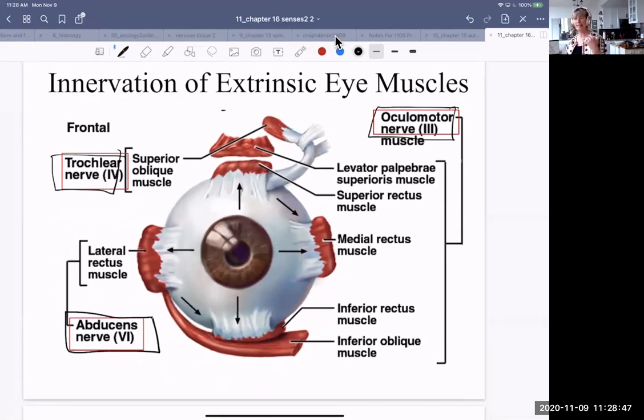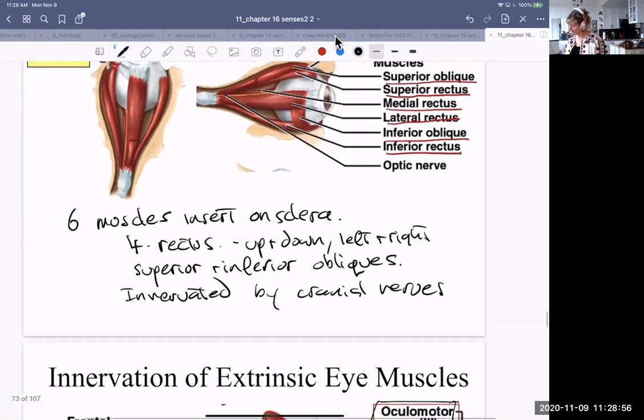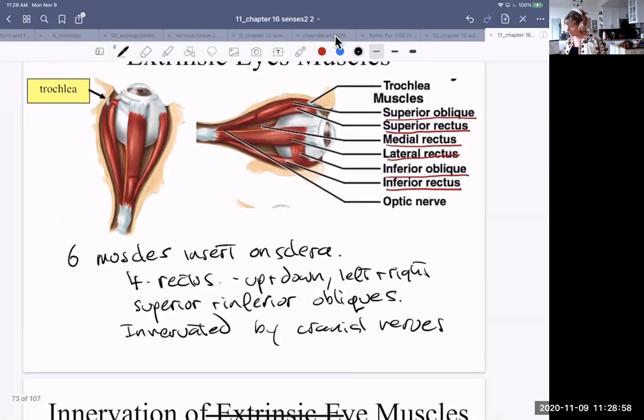So there are 3 cranial nerves that are devoted simply to the eye. So 6 muscles insert, that's that word there, insert on the sclera.